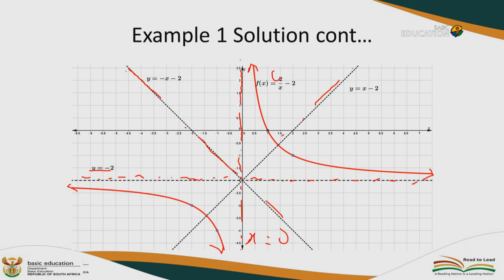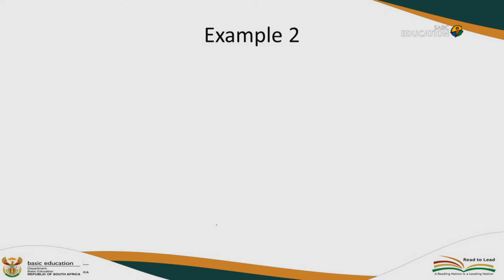Now in order for you to get a good shape, you can get an extra 2 points or so, so that your shape can look good. So I have plotted a point there and another point there, so that I can have a beautiful shape for the graph. All right, so that is the first example.